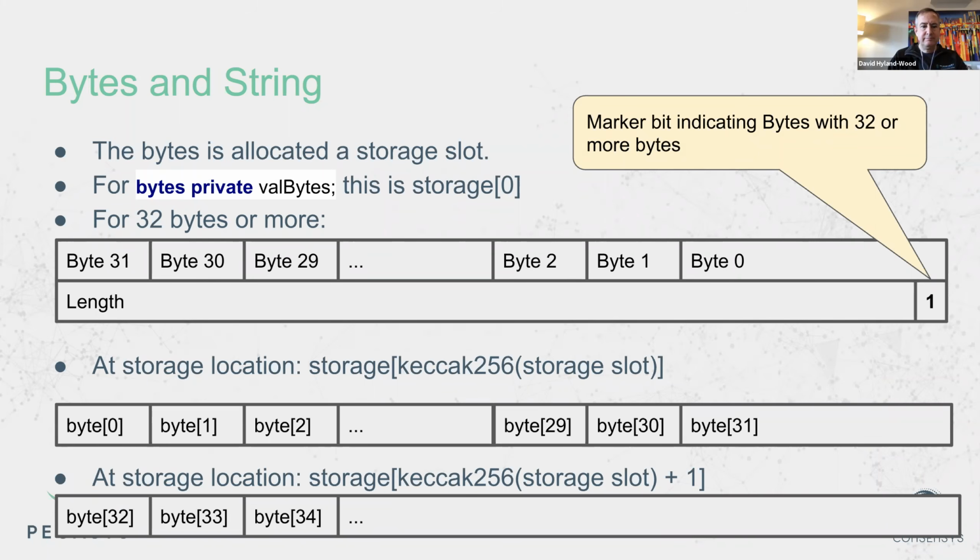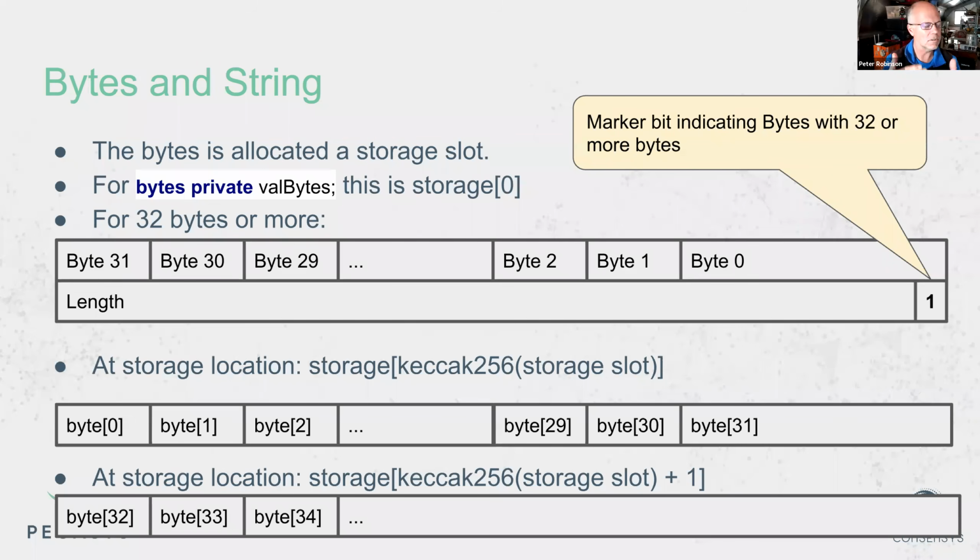So the marker bit indicates that you've got 32 or more bytes in it. What happens now is the storage location 0 just holds the length of the overall bytes array. And then the storage location given by the message digest, so Keccak-256 of the storage slot number.